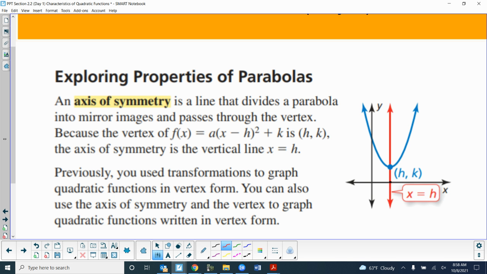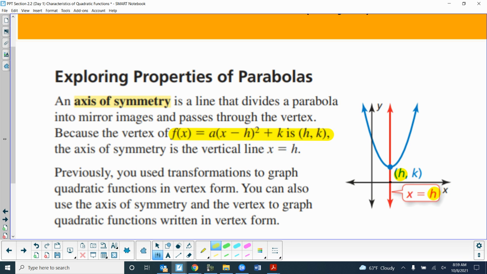Again, here's our, what form? Vertex form, right? Because we can look at it to find the vertex. So once we know what the vertex is, this number and this number are the same.